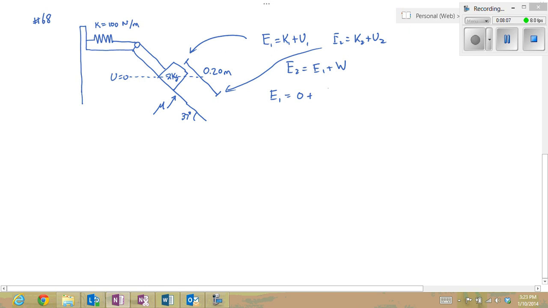So since E is equal to K plus U, U could be gravitational potential energy, which we just decided to call 0 there. And it also can be spring potential energy, because there's a spring in the problem. But the spring is unstretched, so that is also equal to 0. So we are going to say the initial amount of energy in the system is 0 joules.